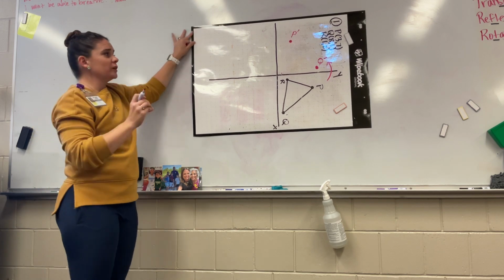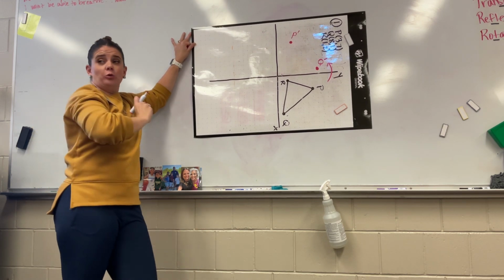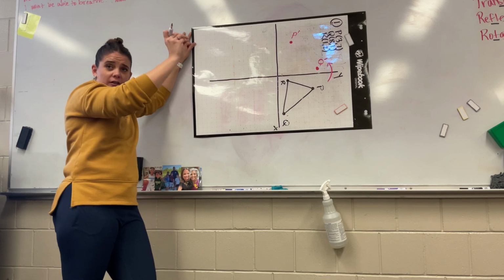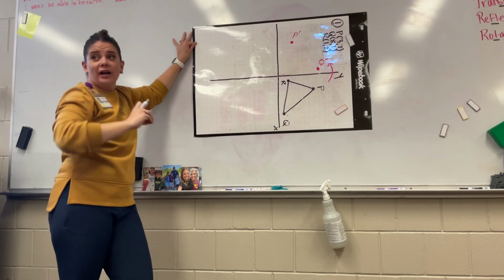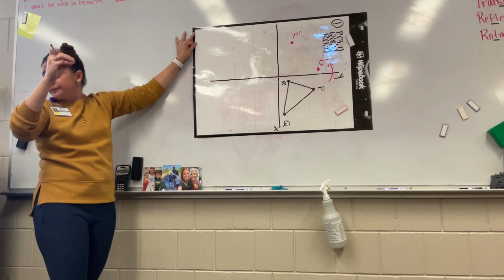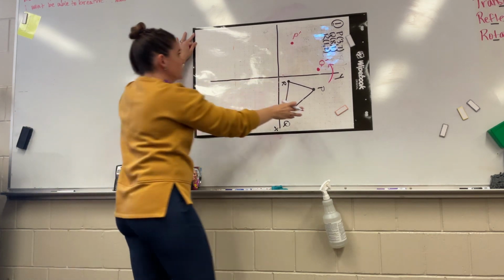Since Q is the coordinate 8, 1, we have to go right 8 and up 1. So with my paper turned, we are again going to go right 8 and up 1. Okay, keep your paper turned.